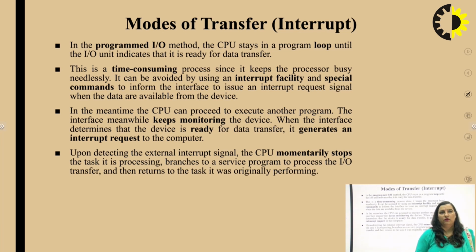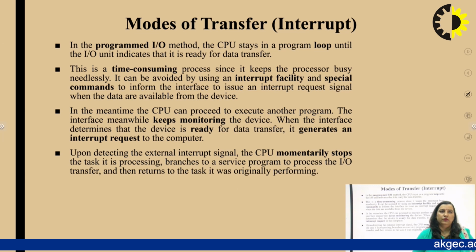Why is it in a continuous loop? Because sometimes the device is not ready and the CPU is checking the status of the device again and again. So the CPU will stay in a loop until the input-output unit is actually ready for the data transfer.